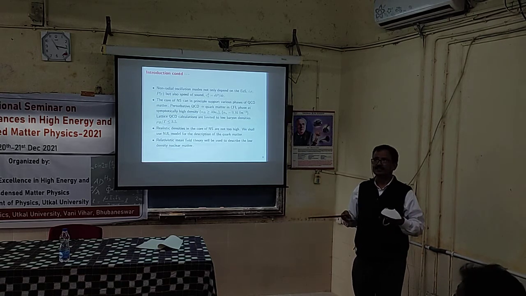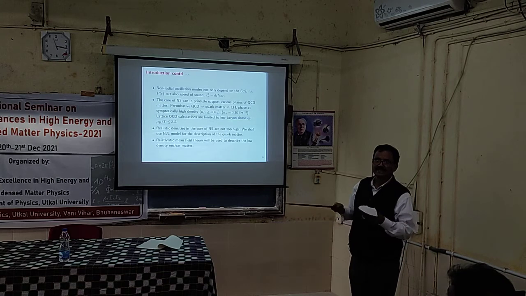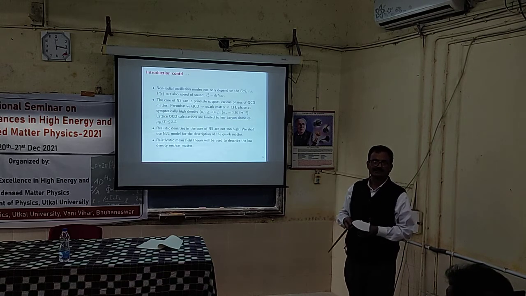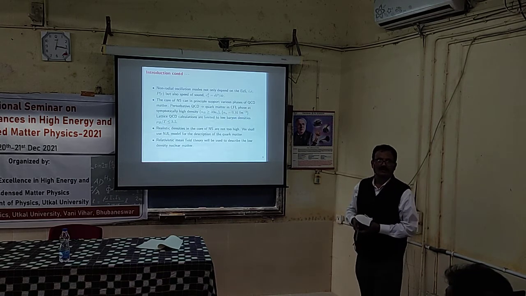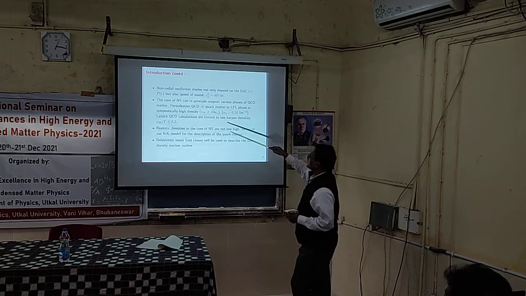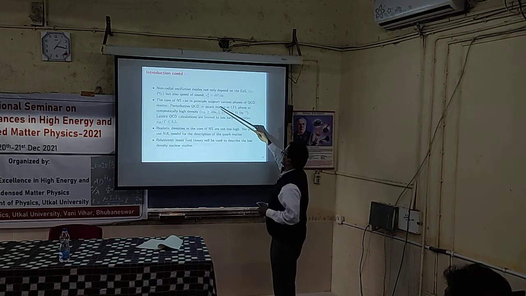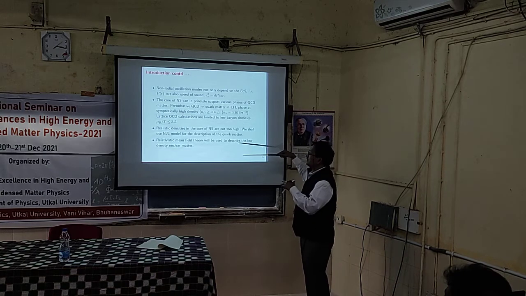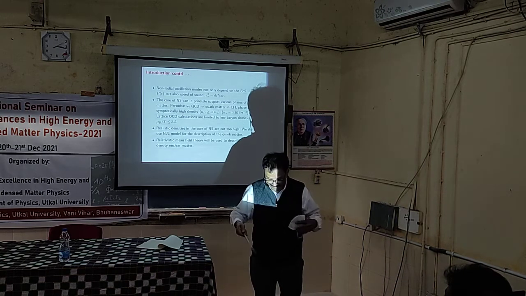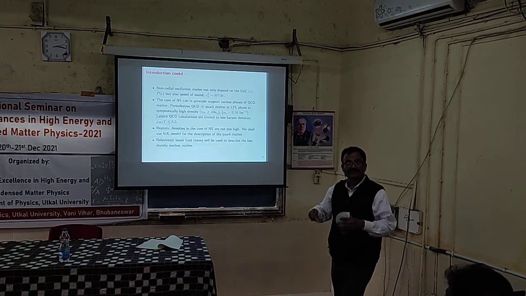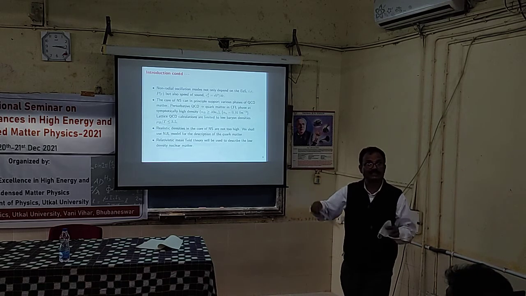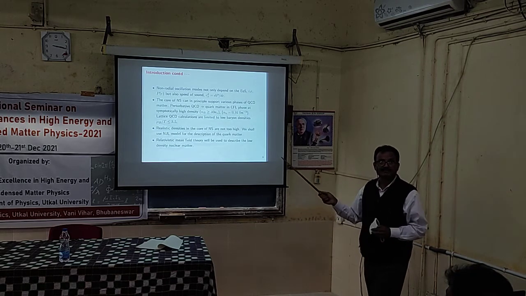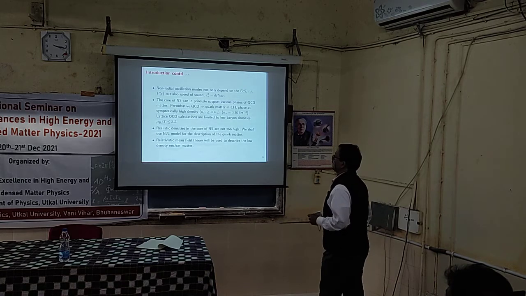That is called the speed of sound: dP by d epsilon is the square of the speed of sound. This is very sensitive in such conditions, and there can be a discontinuity and all that.